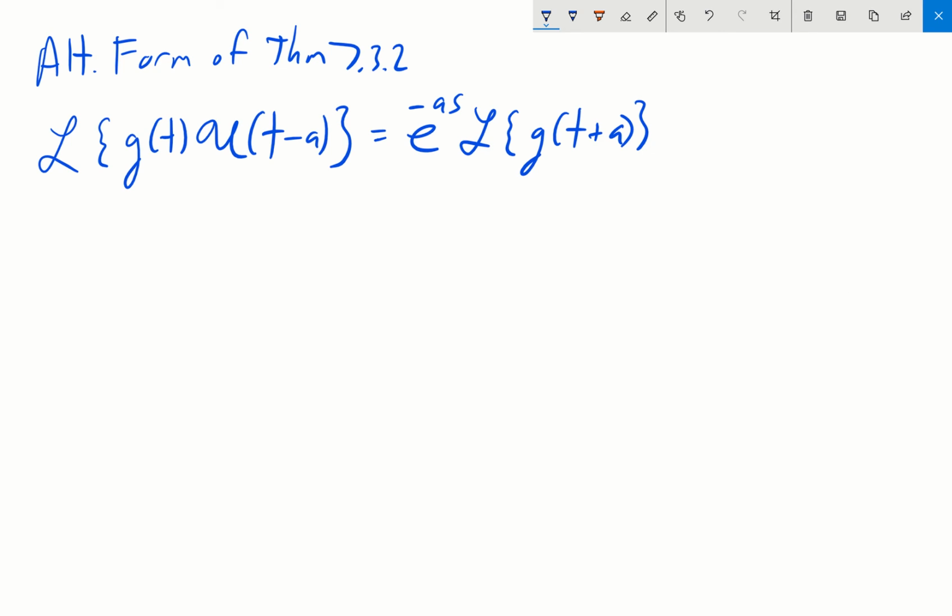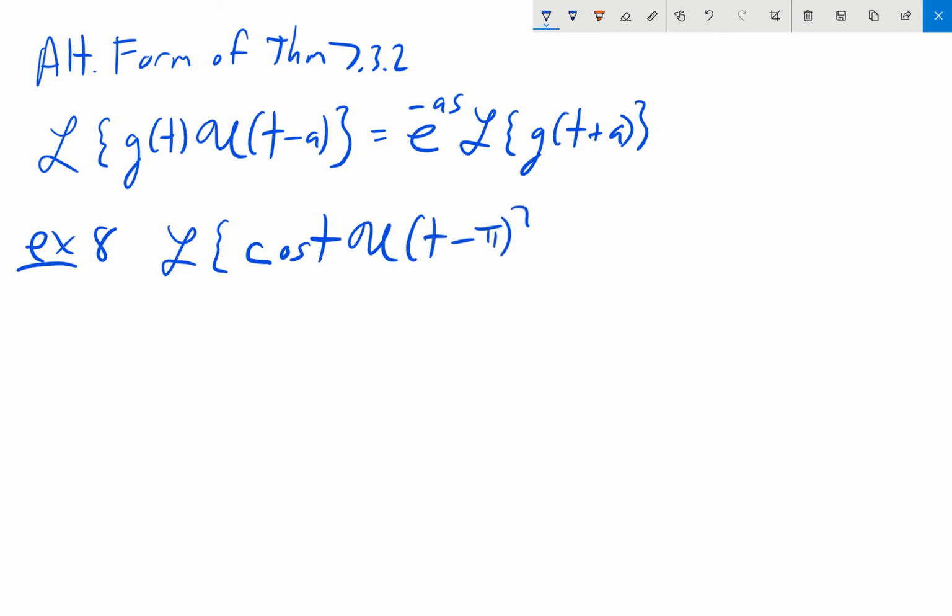Let's get some practice with this form. Let's take a look at example 8. Suppose we're asked to do the Laplace transform of the cosine of t times the unit step function of t minus pi. So according to what we just said a moment ago, this is going to be equal to, and actually before we do that, let's see how this kind of fits in here.